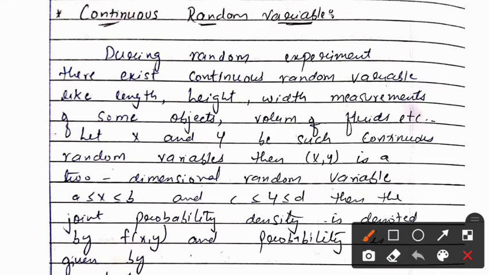During a random experiment, there exist continuous random variables like length, height, width, measurements of some objects, volume of fluid, etc. Let x and y be such continuous random variables, then (x, y) is a two-dimensional random variable.